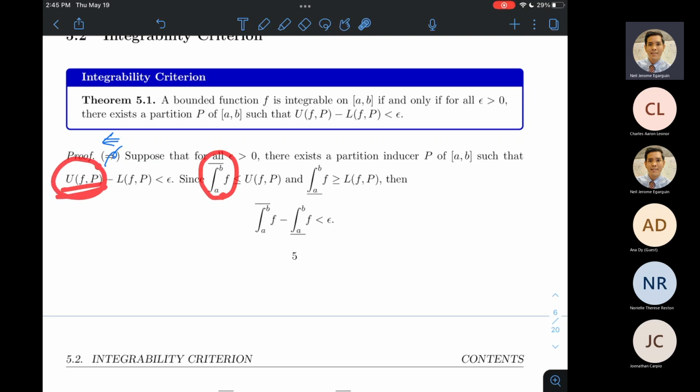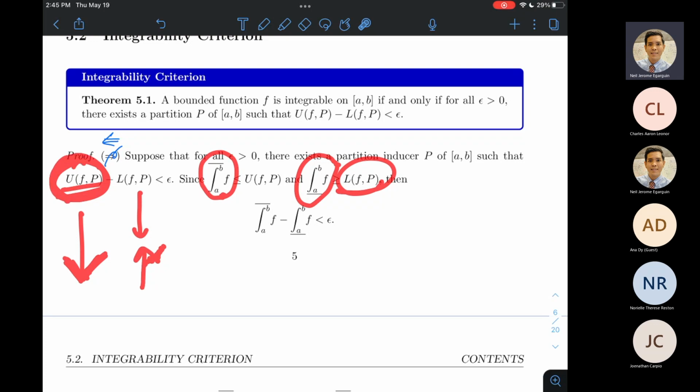So if I replace this minuend with the upper integral, the minuend becomes smaller. Okay? Then, the lower integral is larger than the lower sum. So if I replace the lower sum by the lower integral, the subtrahend becomes larger. Alright? So in the difference, the minuend decreased and the subtrahend increased. So what do you think will happen to the difference? I will get a smaller difference, right?